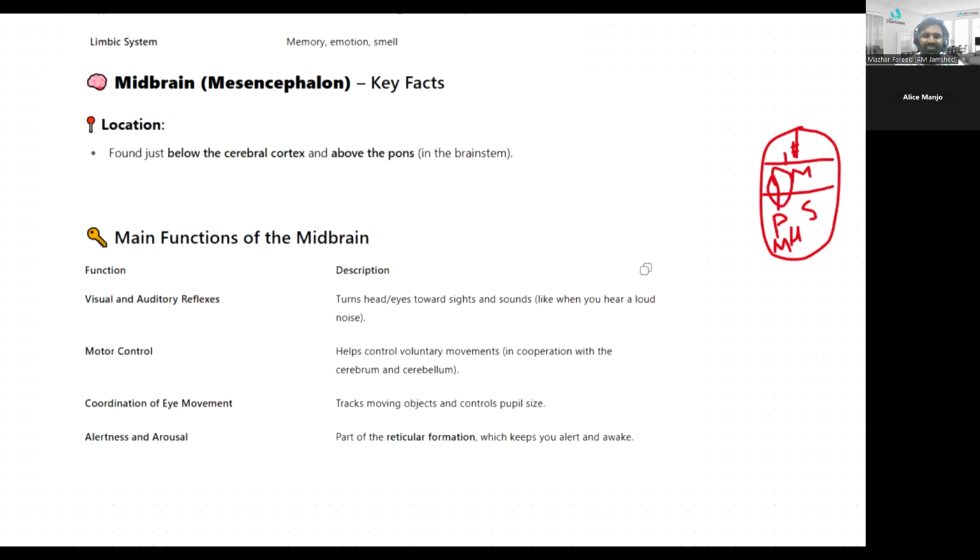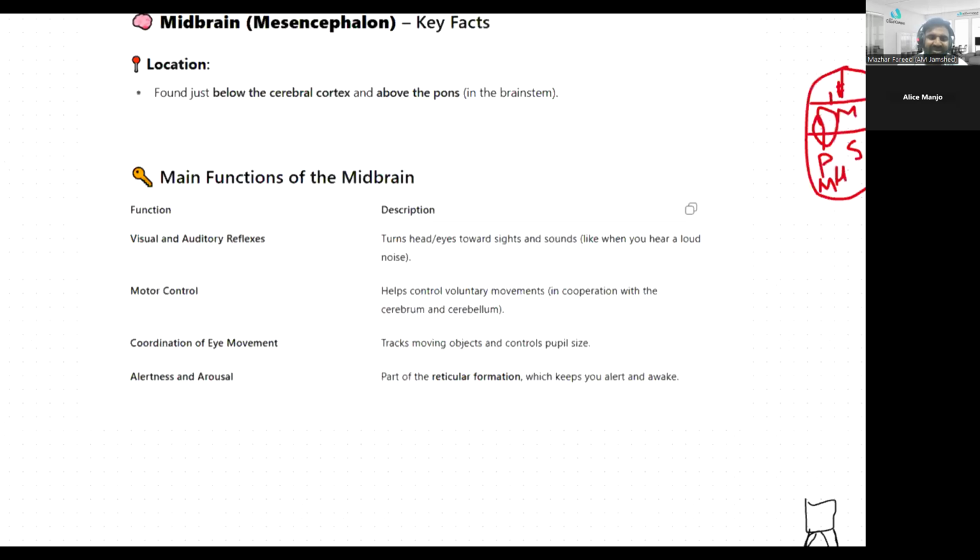The main function of the midbrain is that it has auditory reflexes and reflexes for the visual. It turns the head and eyes toward the sight and sound. Like when you hear a loud noise, all information comes from the eyes and ears to the midbrain. The midbrain has the ability to interpret it and send it to the major portion of the brain.